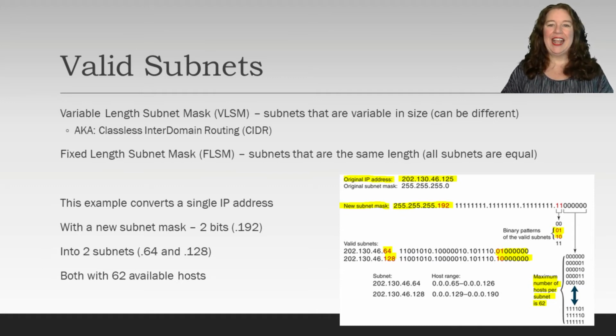Okay, now let's look at the possible host ranges. Remember, our subnet is going to be 202.130.46.64 and 202.130.46.128. These are where our subnets start. Our possible host range is 1 more than the 64. So we're going to start at 65.